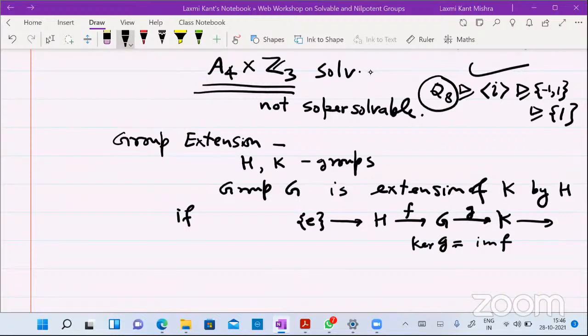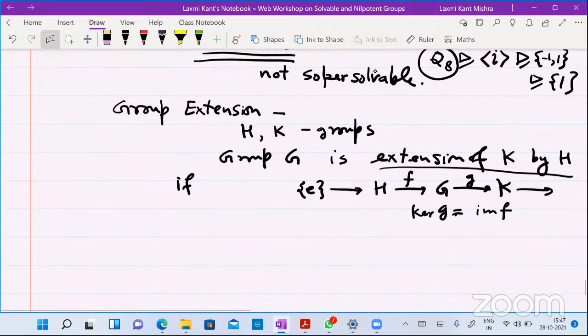Yes, Anupam. Actually, it is just a definition. So this is the extension of K by H. I was also thinking about it, but it is given by definition, a standard definition, I think.